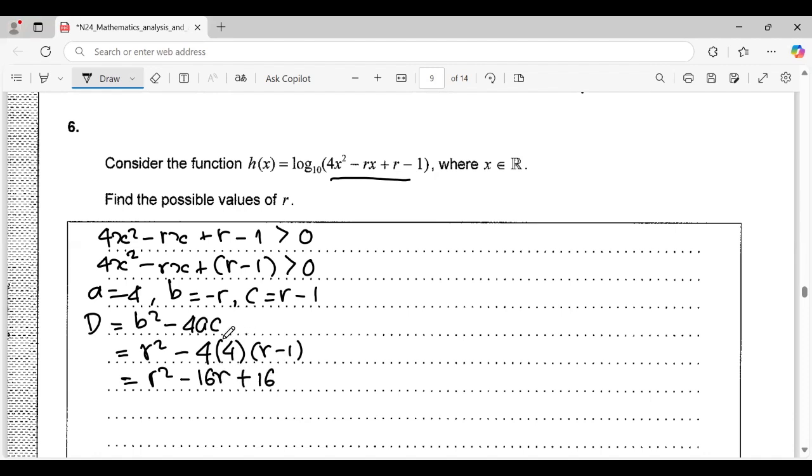For the quadratic to be positive for all x, the discriminant should be less than 0. So r squared minus 16r plus 16 is less than 0.